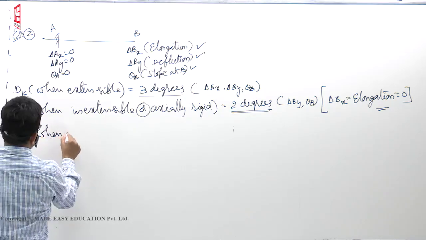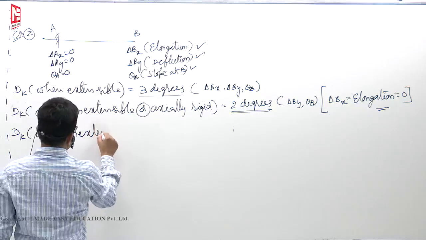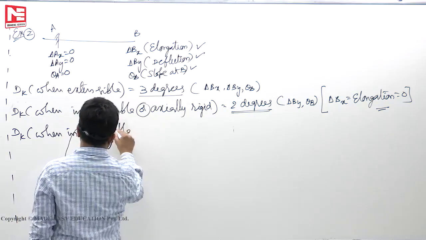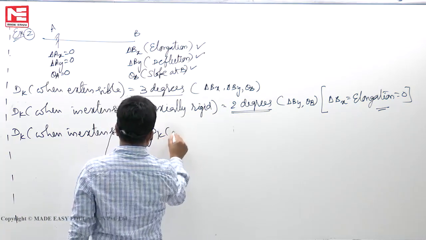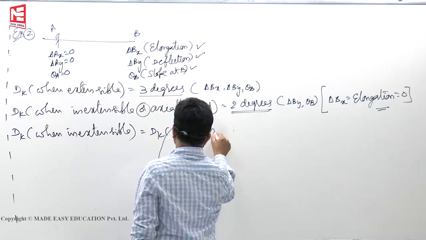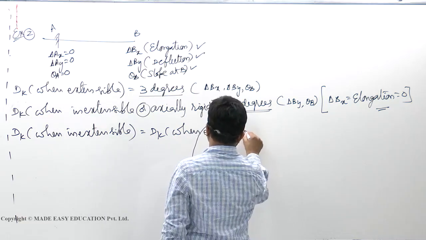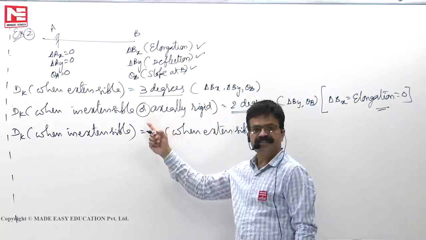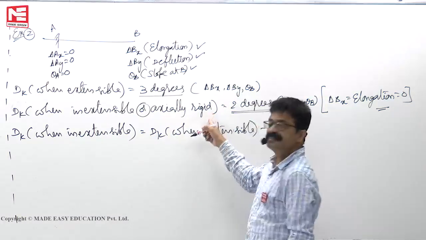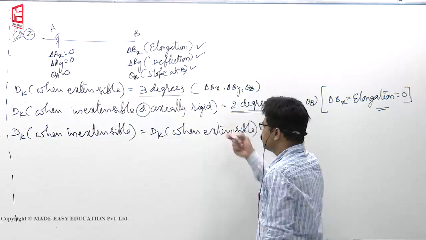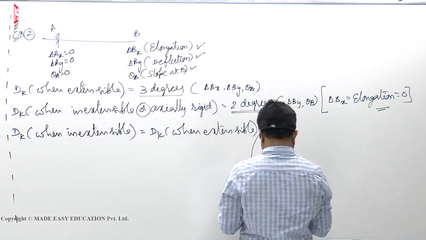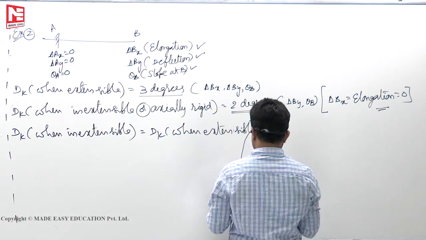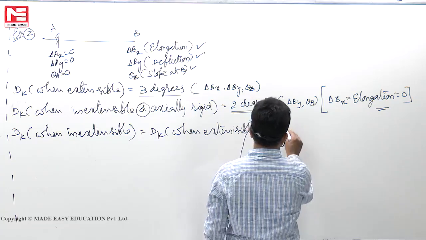Dk when inextensible. You can write it like this: dk when extensible, general case, minus number of independent displacements prevented because of the axially rigid nature, that you subtract.